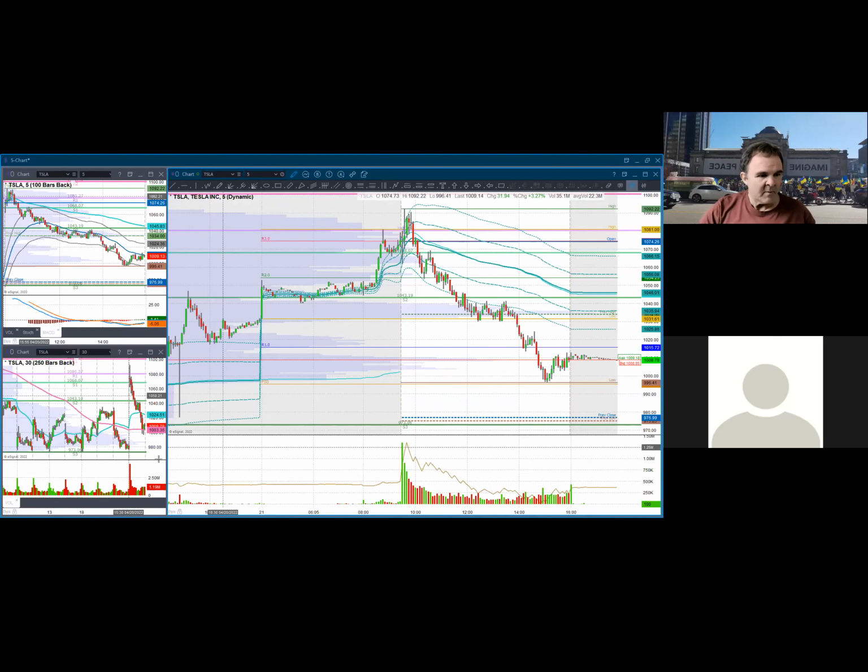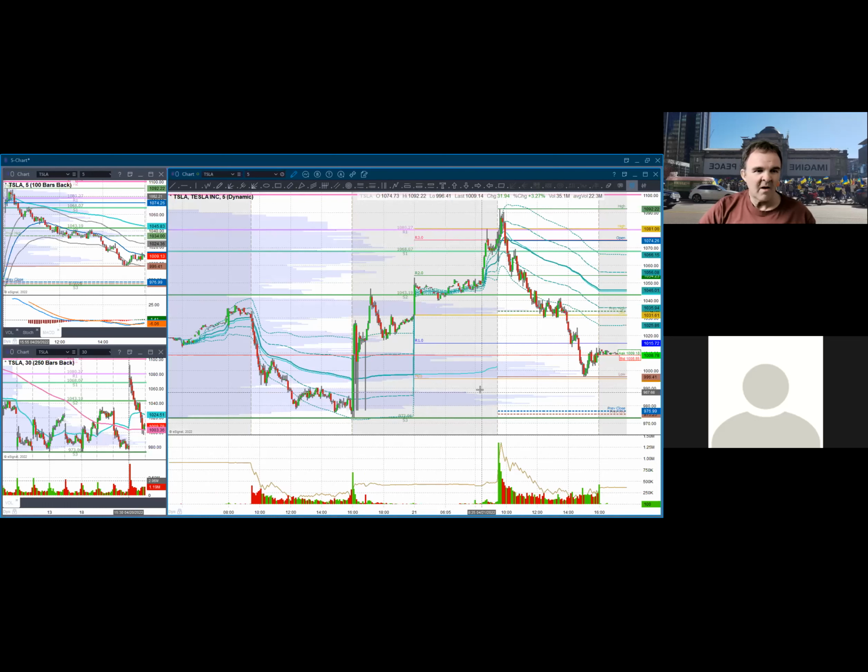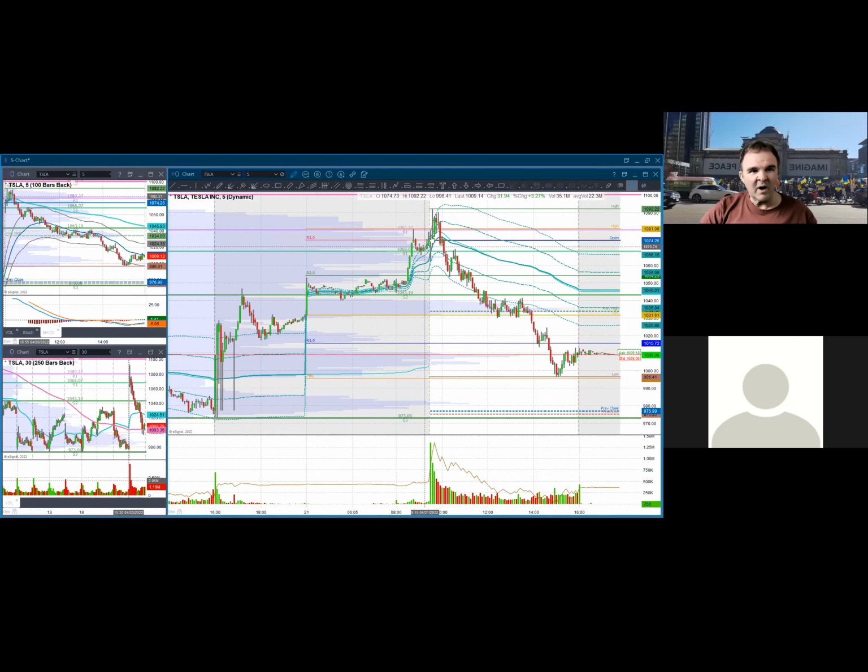Okay, so we can see that Tesla closed down here, okay? And here's our after hours and our pre-market. So Tesla closed down here and it gapped up and it opened up in around here. So we had a nice big gap up and it went up for a few minutes, about 15 minutes, and then it started to climb basically through the entire day until just before the close.